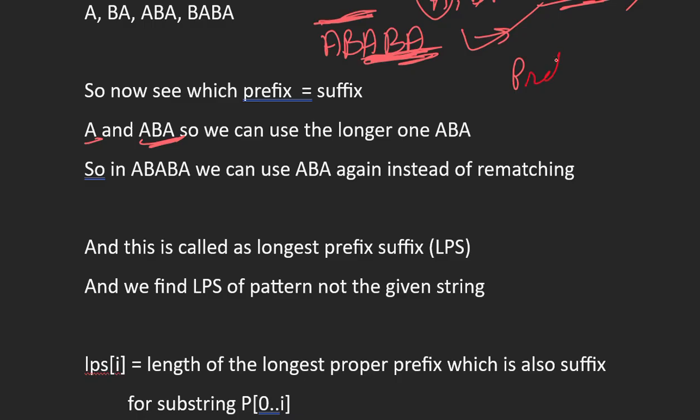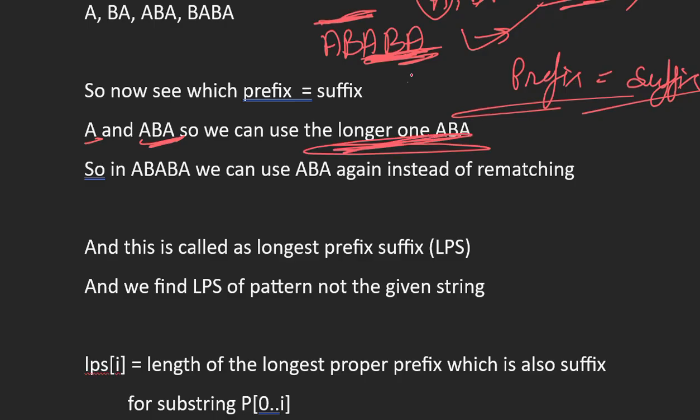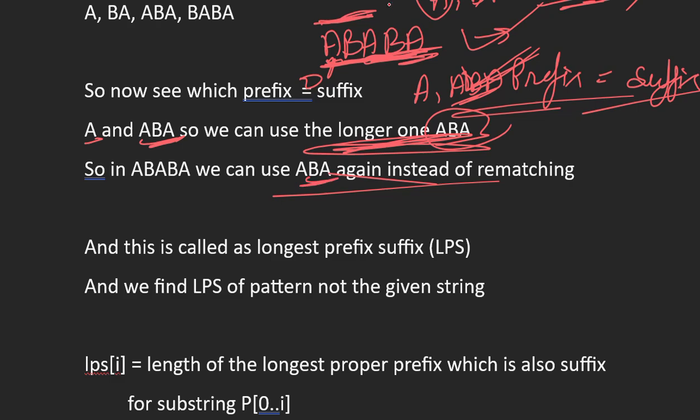We have seen which prefix in the pattern is equal to a suffix, and we have taken the largest one. A and ABA both were matching, but the larger one was ABA, so we have taken ABA. So instead of starting from index number 0, we will use this matched part ABA again, and then start checking from this part B.